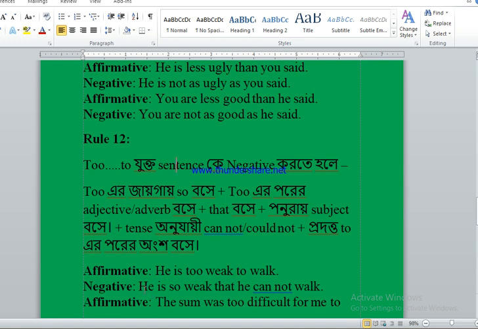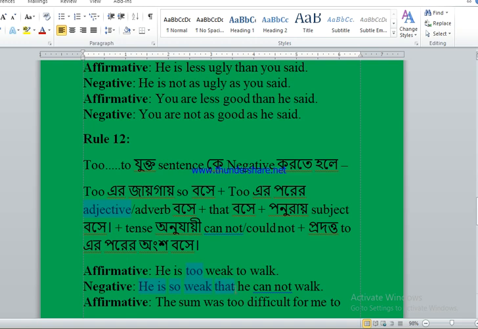First you will write the subject. Okay, subject. Then you will write is, that means the verb. Then you will use so instead of too, then you will use the adjective weak.